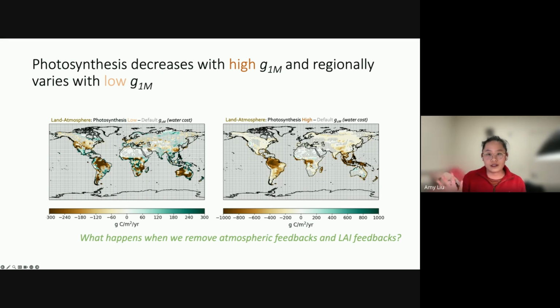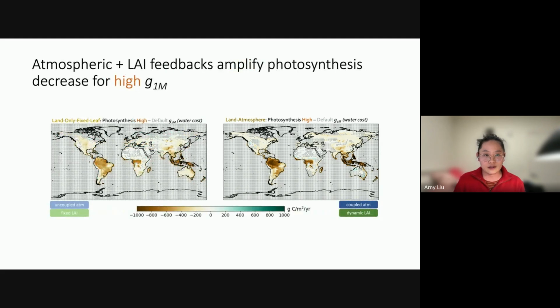These two simulations have atmospheric and LA feedbacks, and we were wondering if we would get the same photosynthesis response if we remove these feedbacks. We're going to start with looking at the high GUNM, because I think the answer is a little more straightforward there. So on the left here we have the photosynthesis response to high GUNM in the absence of atmospheric feedbacks and LA feedbacks.